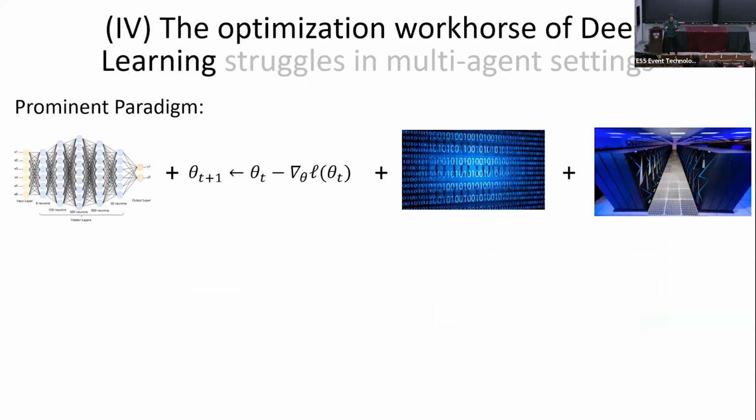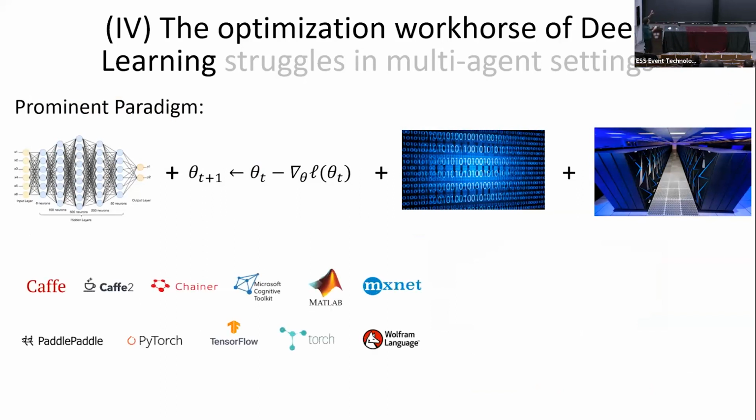The single agent story is so successful that it has motivated frameworks, algorithmic, software and hardware frameworks that are put together to open up this technology to the creative spirits of the whole world. So there are software and hardware optimizations that allow someone to write down a neural net, get access, pay Amazon, get a lot of data, and train it with gradient descent.